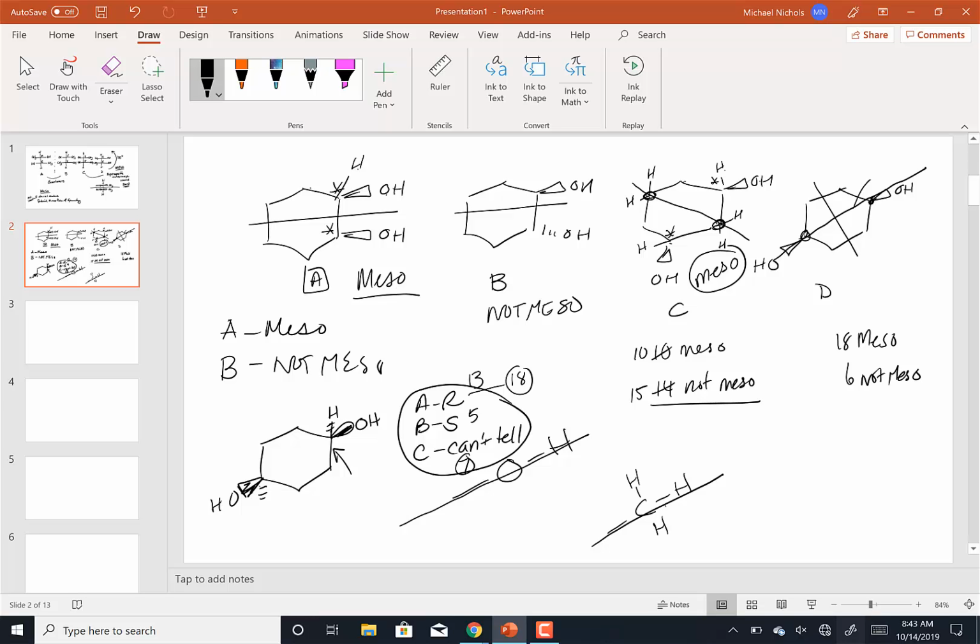Okay. So let's look at this. Number 4 group, hydrogen. Number 1 group, oxygen. Number 2 group. Is it the group on the, let's call this the right side, and let's call this the left side. Is it right or left? Which one's group number 2?